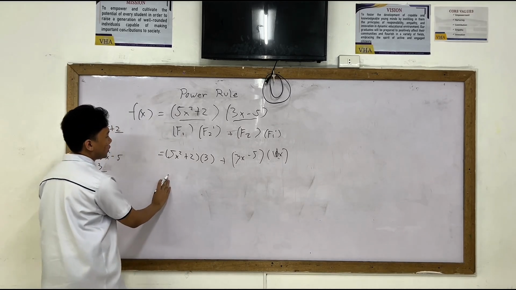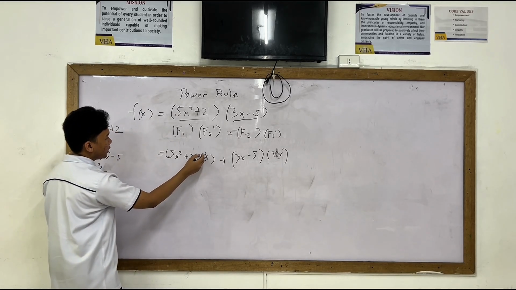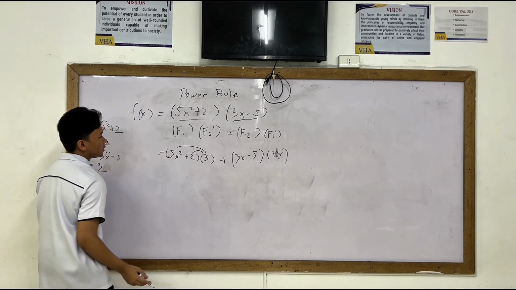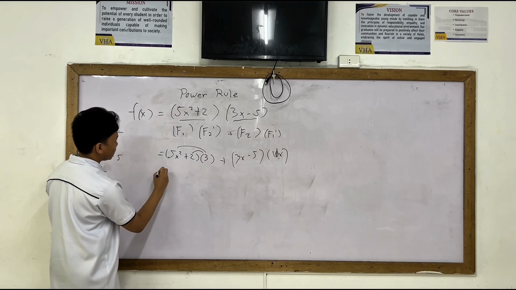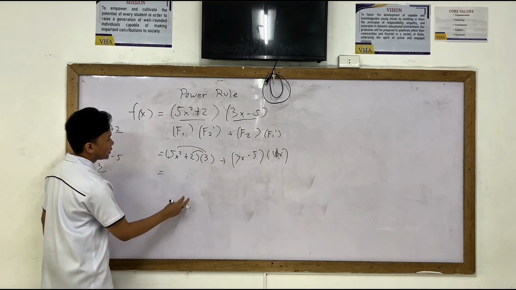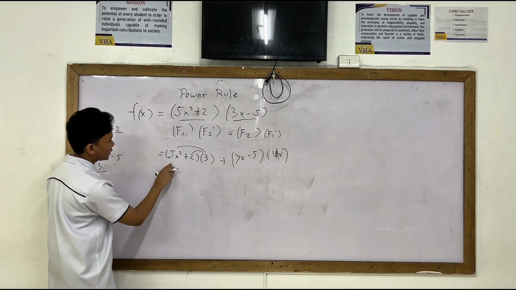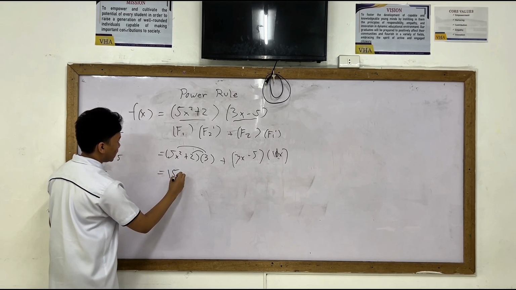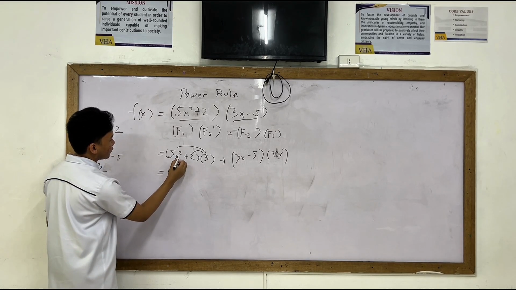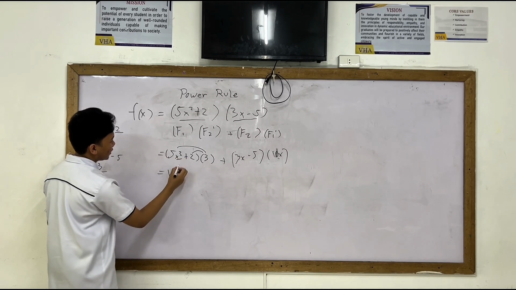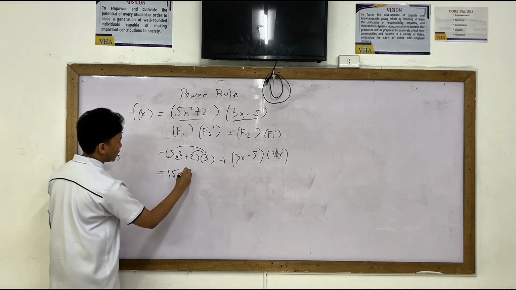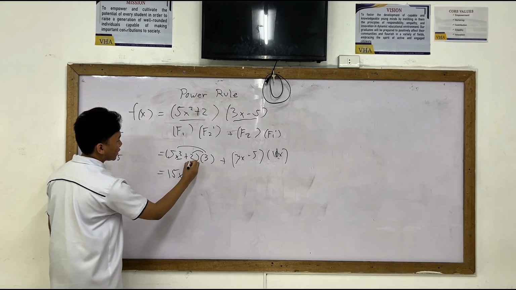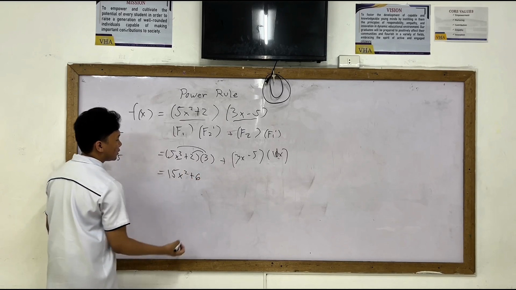Then we multiply 3 by these two numbers. So we get 3 times 5x squared is 15x squared. Don't forget the exponents. Plus 3 times 2 is 6.